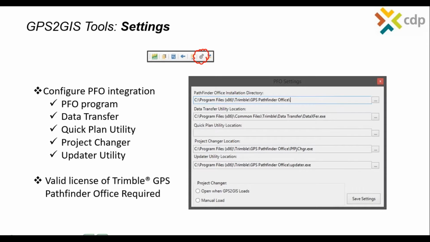Now, all of the tools, with the exception of the Append tool, are going to require a valid license of Trimble GPS Pathfinder Office. On the Settings tab, you can modify the location of your software, the location of your transfer utility location file, and then the location where your Quick Plan utility resides.